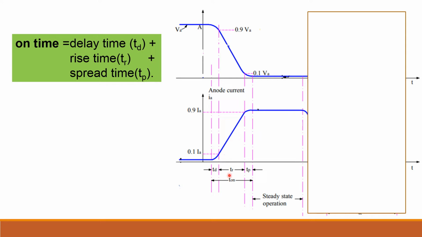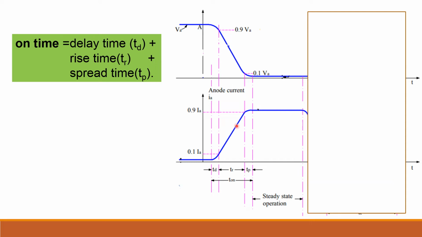This period is called the rise time of SCR. So during rise time, it increases from 10% to 90% of this current. And this is the spread time, during which it increases from 0.9 IA to the final value IA. So total turn on time is a combination of TD plus TR plus TP. After that it reaches the steady state value.